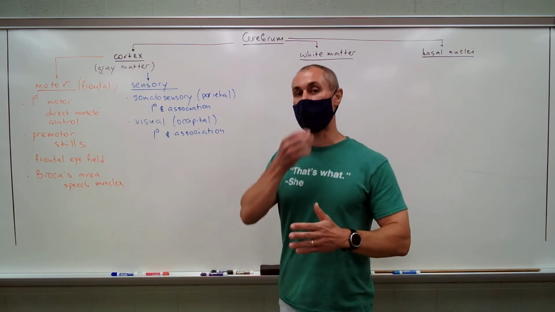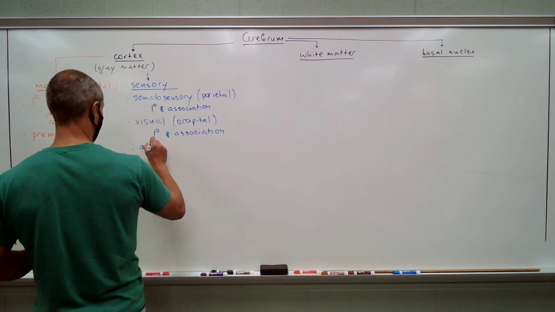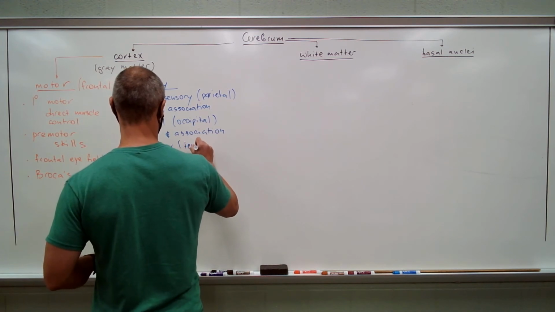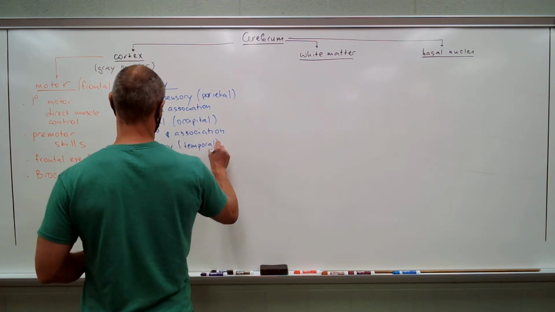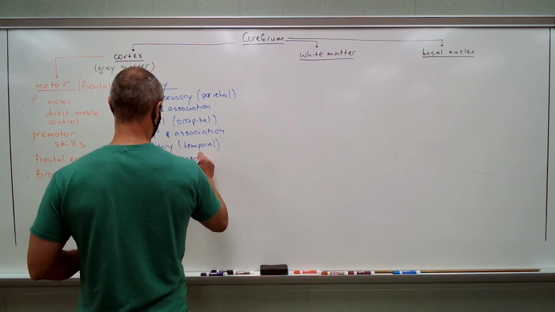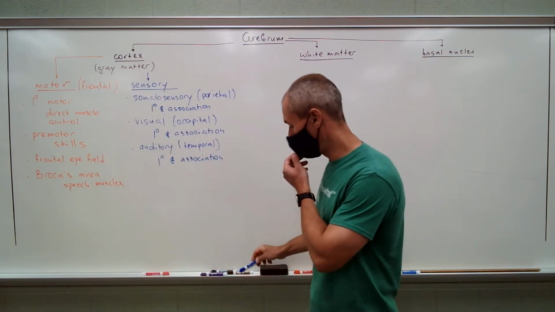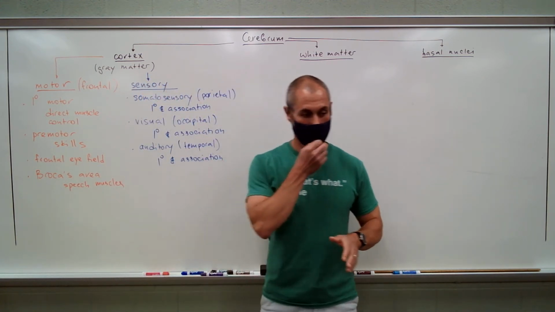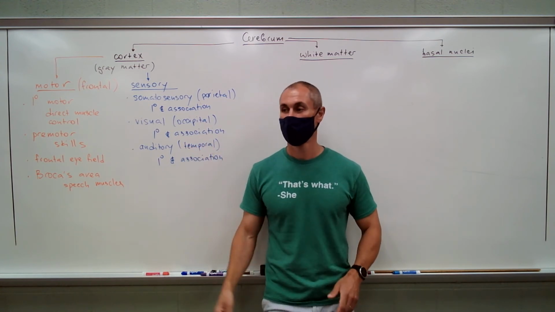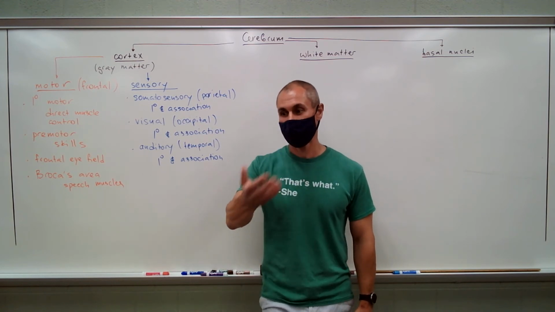The most striking example, really, is auditory cortex, which is in temporal lobe, also having primary and association. Now you will be surprised by the number of qualities that you have with your sound. What can you tell about a sound?